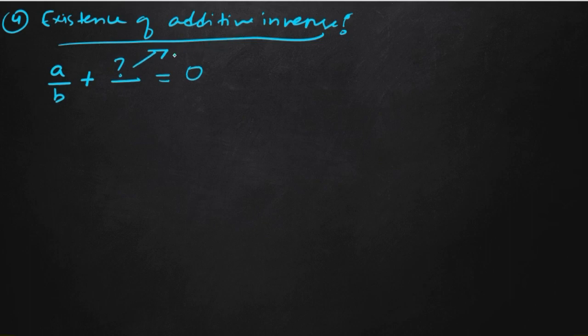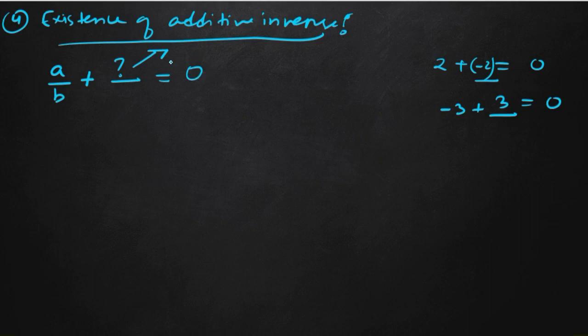Okay, so obviously, what will be added to 2 so that the answer is 0? That means obviously it will be minus 2. And what will be the additive inverse of minus 3? If we add 3, it will be 0. So that means the additive inverse of any fraction is the negative of that fraction.